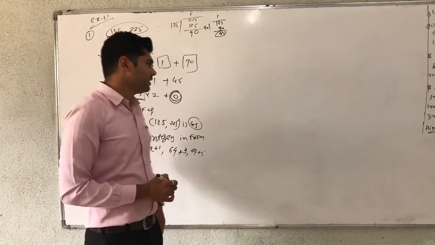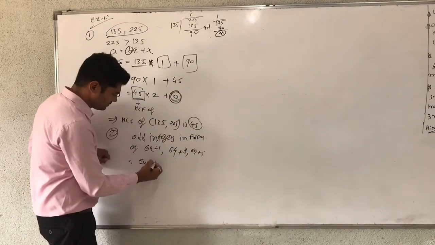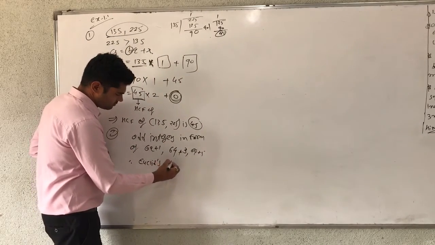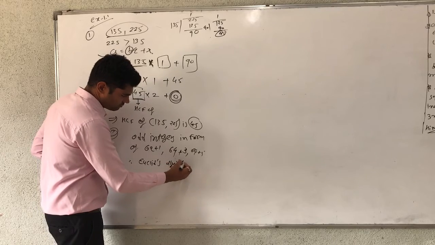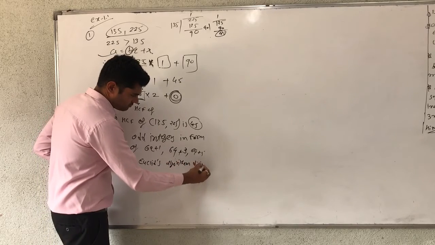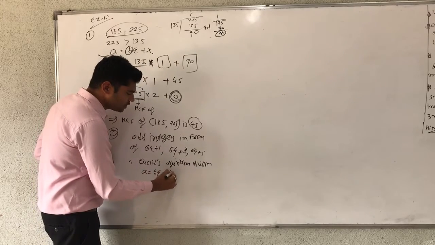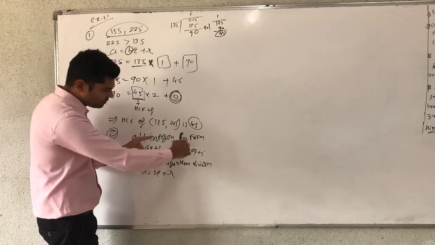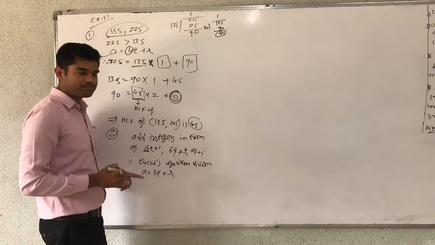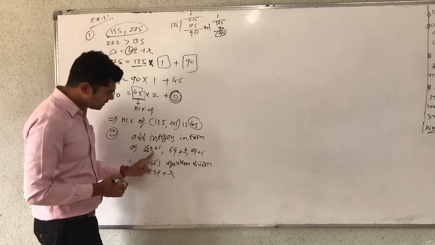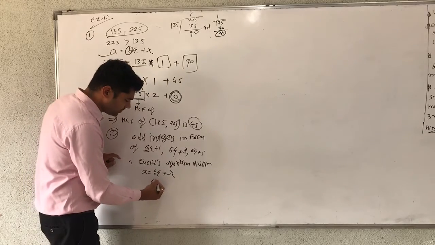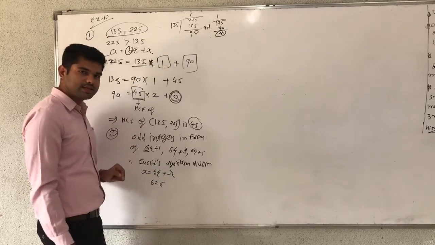In Euclid's division algorithm, a is equal to bq plus r. We have to see in the question here 6 into q. It means the value of b is equal to 6.